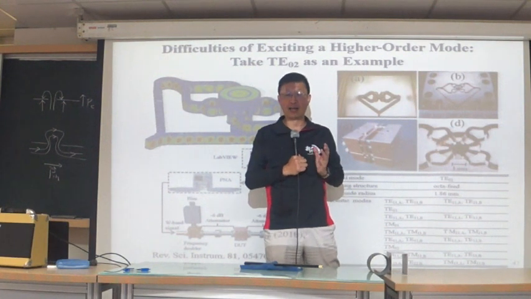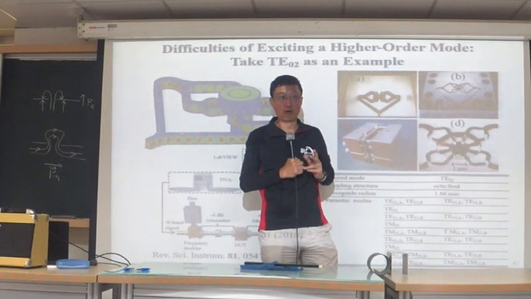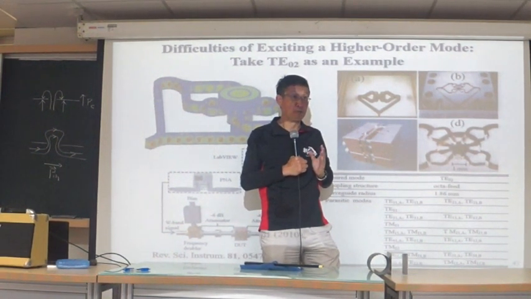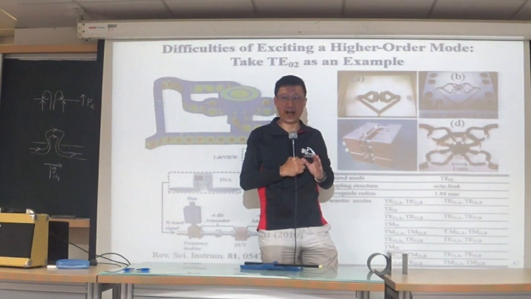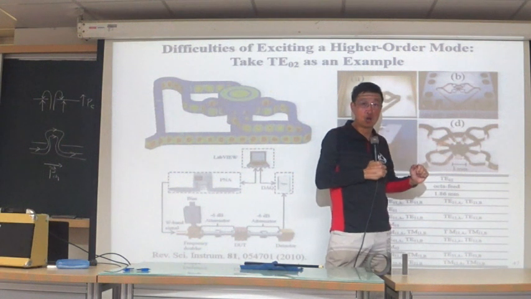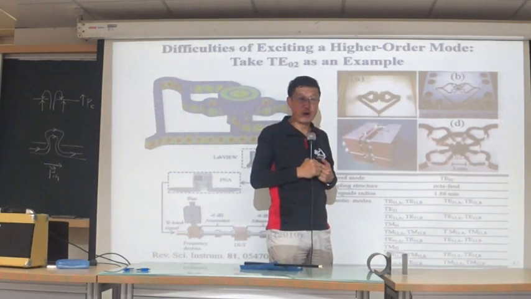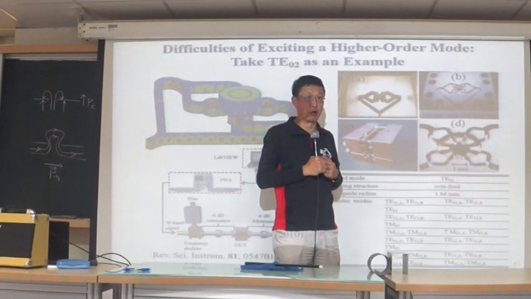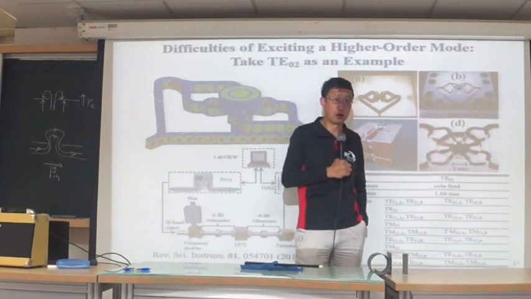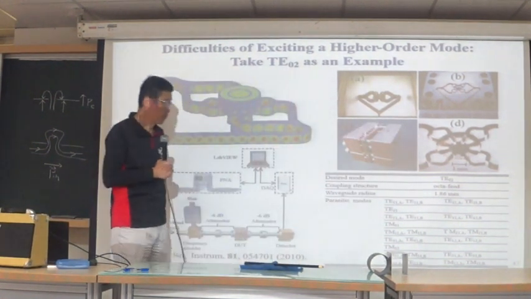You cannot fabricate this kind of structure with traditional techniques like CNC, computer numerical control. We use LIGA, X-ray microfabrication, in collaboration with the Synchrotron Radiation Research Center to fabricate such a small device.